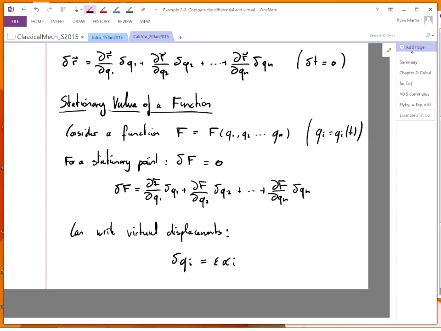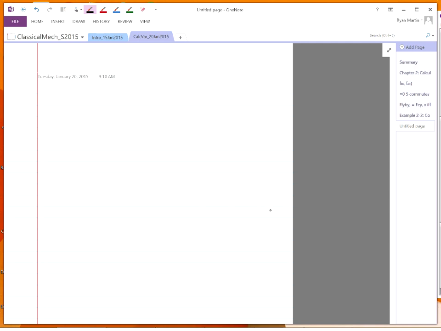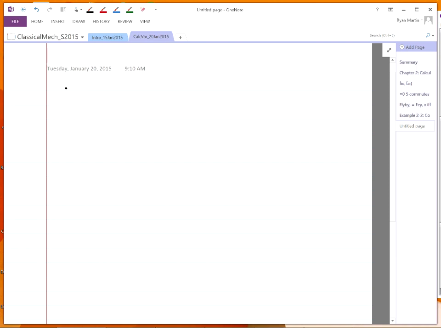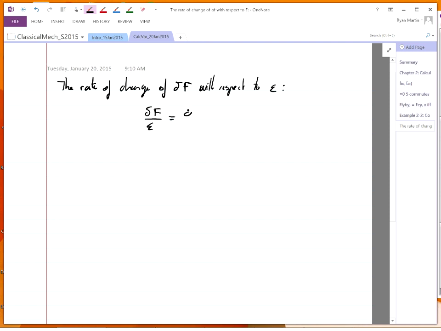And I can ask myself, how does delta f change as I change epsilon? So I could say the rate of change of delta f with respect to epsilon, that's just given by delta f over epsilon.